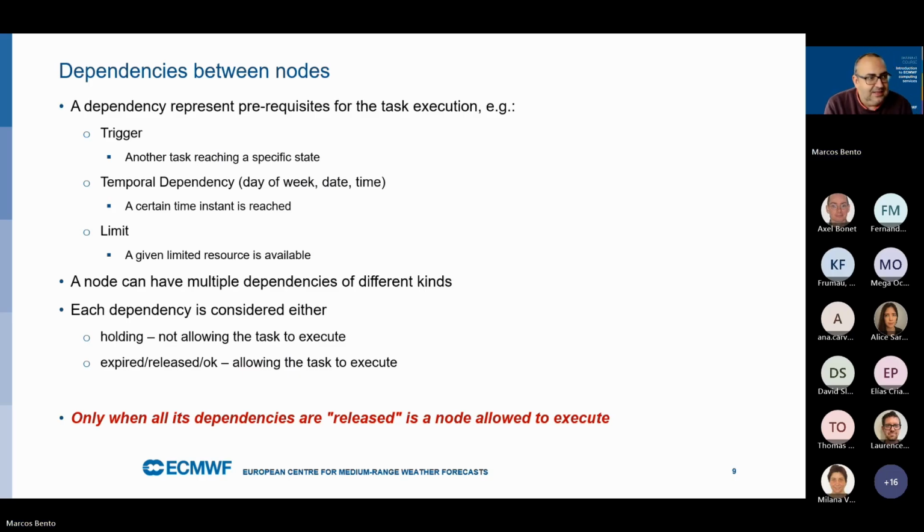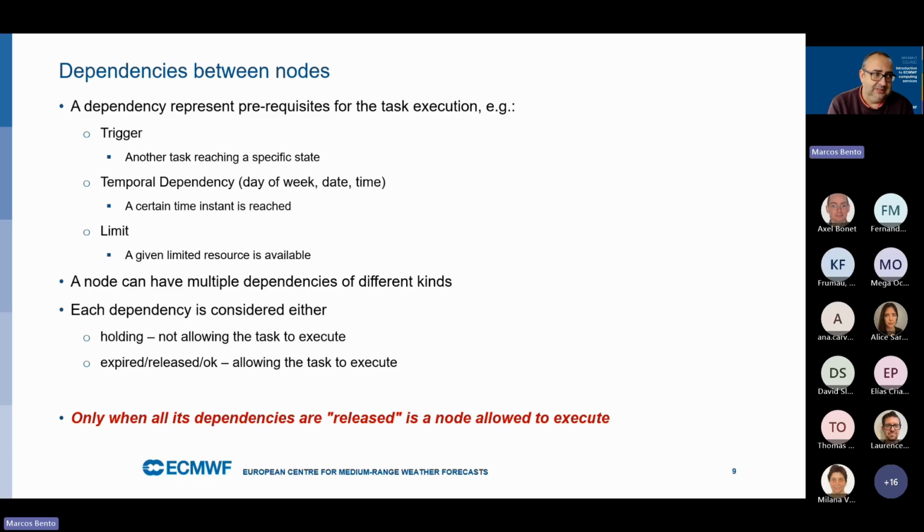So the first variables, labels, meters, events are more fun, but now we come to dependencies. And dependencies have a strong importance in ecFlow, as they define the graph of tasks.